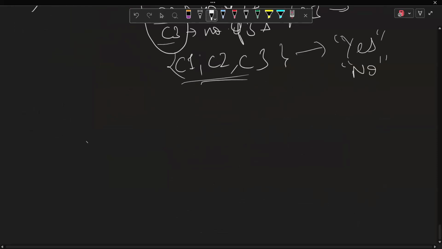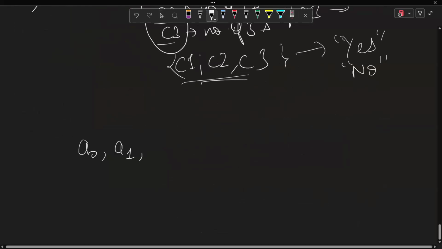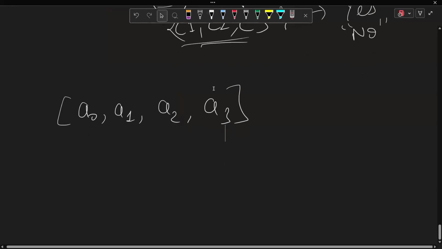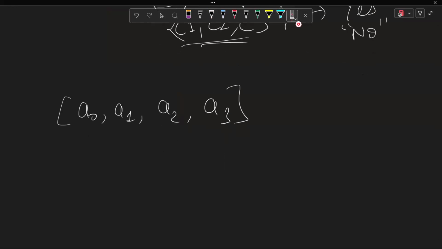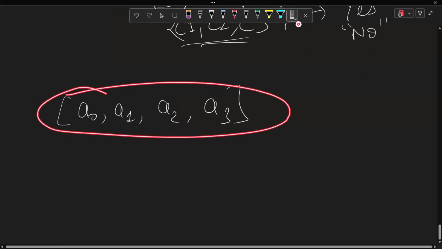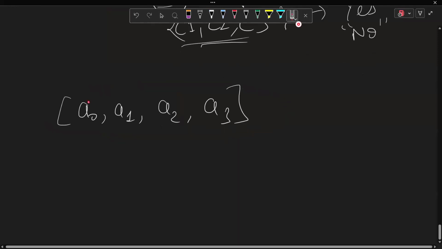Let's say an array is A0, A1, A2, A3, for 4 elements only. What's the condition for it to be beautiful? If I'm checking whether this array is beautiful or not, the first condition is that these two should be unequal, and these two should be unequal.